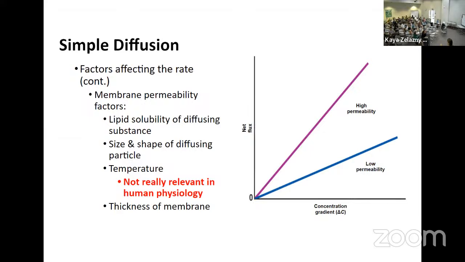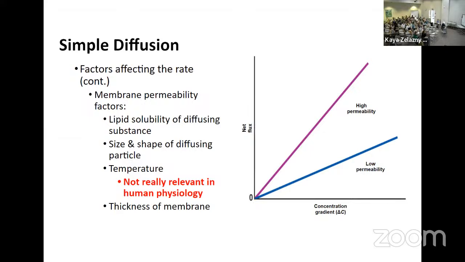If it's nonpolar and small enough, it can sneak through those phospholipids, particularly that thick layer where the fatty acid tails face each other. So we've got this nonpolar hydrophobic region, and some molecules are going to cross it easier than others, even if they can both do it.